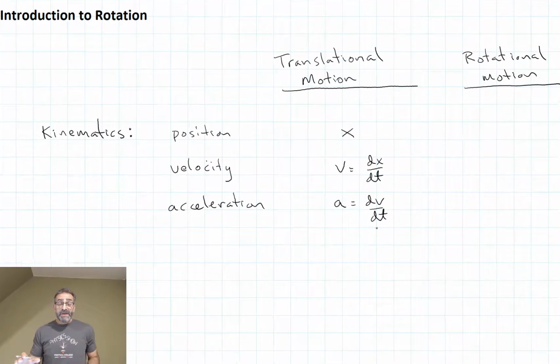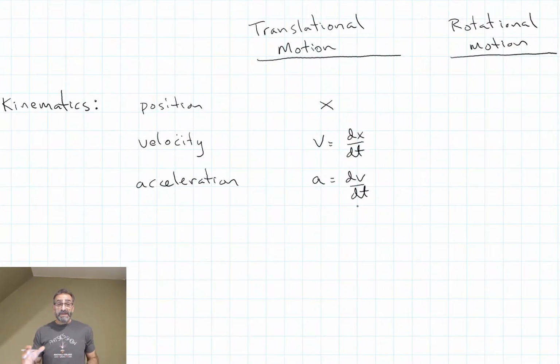Well, with rotational motion, we are concerned with the same three things: position, velocity, rate of change of position, and acceleration, rate of change of velocity. But we're not concerned with translation, we're concerned with rotation. So how would we describe the position of something that's rotating? We'd use an angle.